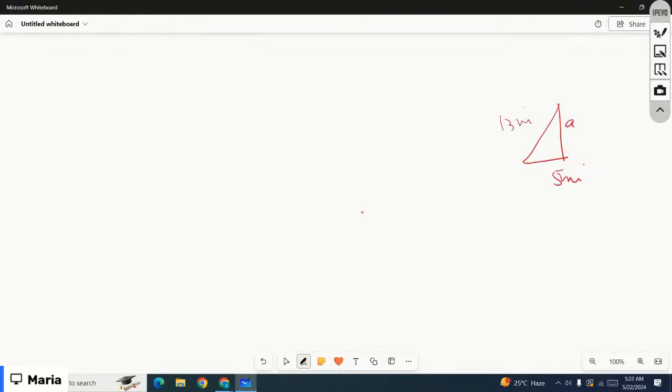You have to find A, right? So C square equals A square plus B square. So A square is C square minus B square. That is 13 square minus 5 square, right?